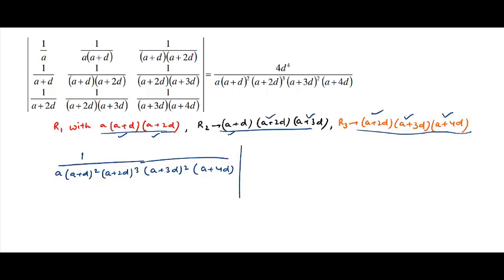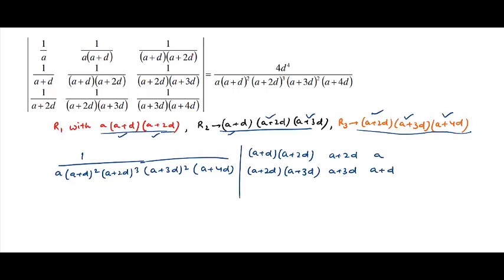And now the determinant looks like this. The first row is a plus d, a plus 2d, a plus 2d, and then a. Similarly, the second row becomes a plus 2d, a plus 3d, a plus 3d, and then a plus d.